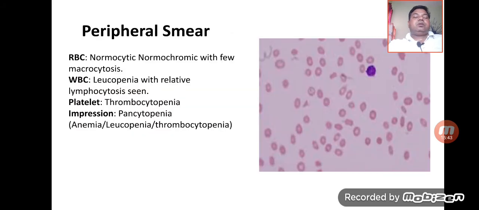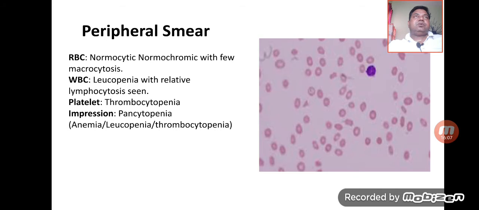Now coming to the peripheral smear, we can see the RBCs are reduced in number, and we can see normocytic normochromic cells with round macrocytes. There is an increase in the MCV, and the RDW remains normal. This is a very important finding.